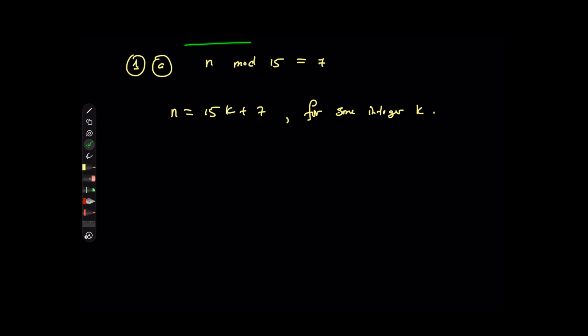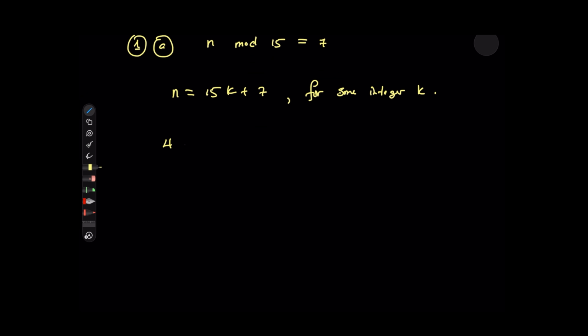The remainder is this thing here, 7. So I can replace n in 4n squared plus 3n with 7, because congruences are preserved under addition and multiplication.